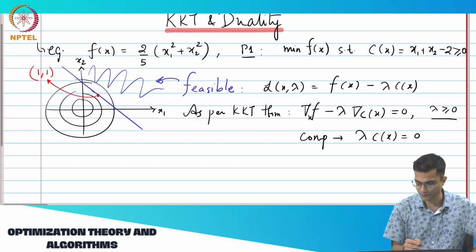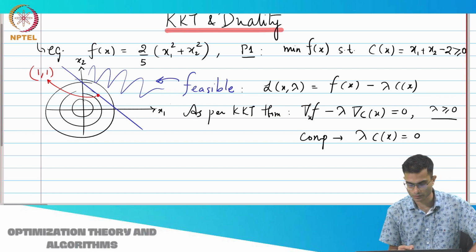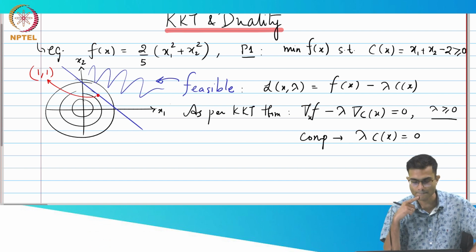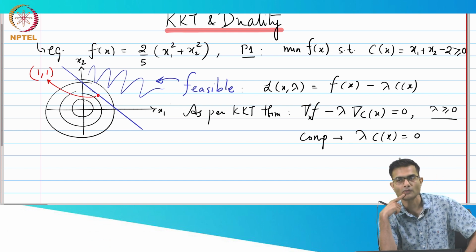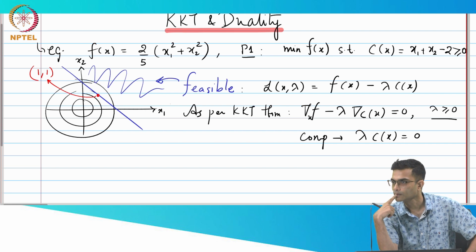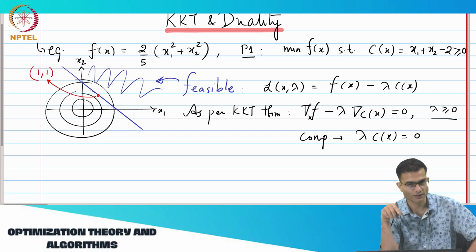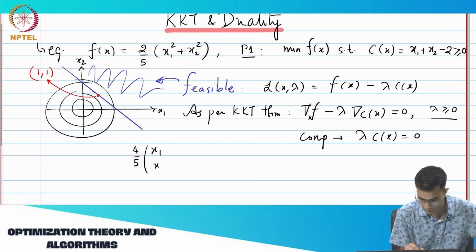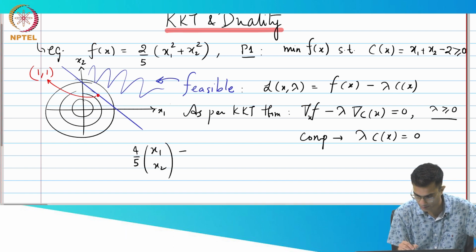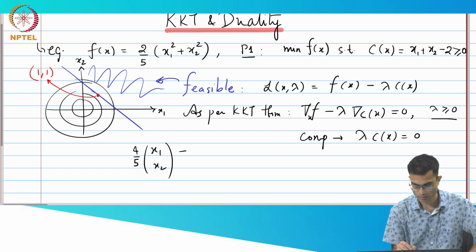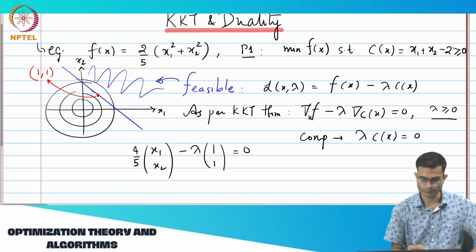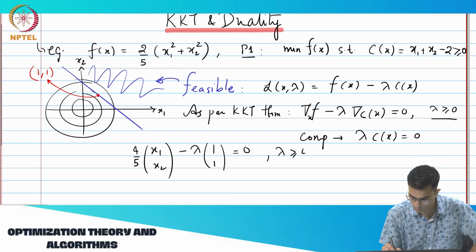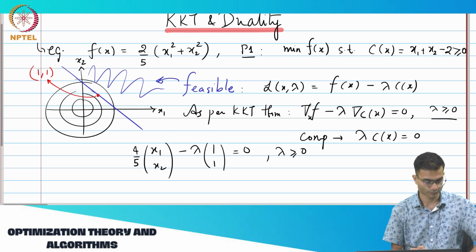So if I take the first gradient expression, grad f is going to be what? 4/5 x1, x2, right? So this is 4/5 x1, x2, okay, minus what is grad c? 1, 1, okay.